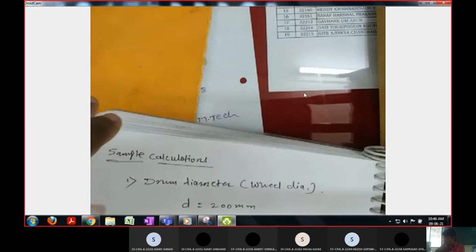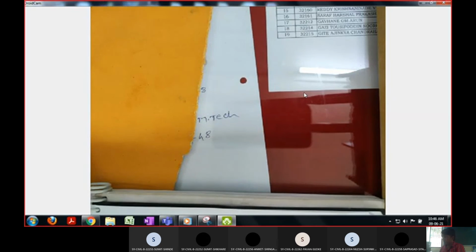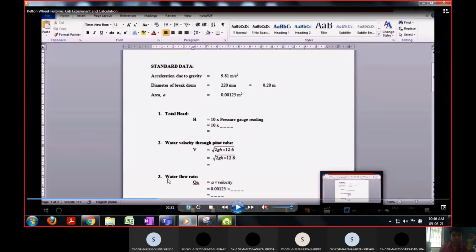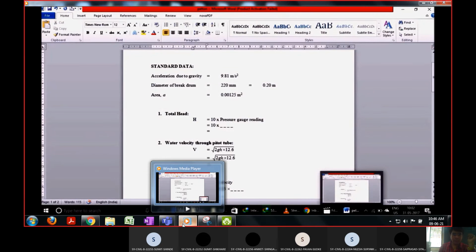Now once we have the velocity of flow, we have to calculate another parameter, that is known as the water flow rate or discharge.